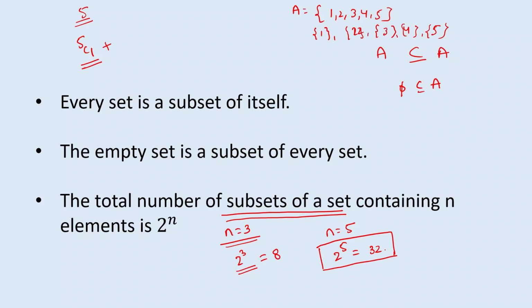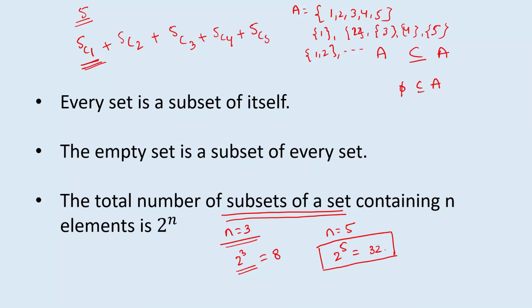So we can take one at a time from these 5 elements in 5C1 ways, which will be actually 5. Then we can take 2 elements out of these 5 elements in 5C2 ways. Then we can take 3 elements out of these 5 elements. Then we can take 5C4 number of subsets, taking 4 at a time.